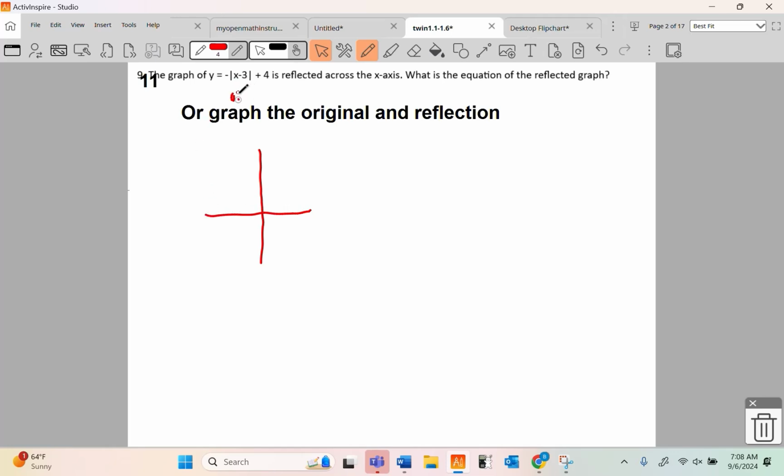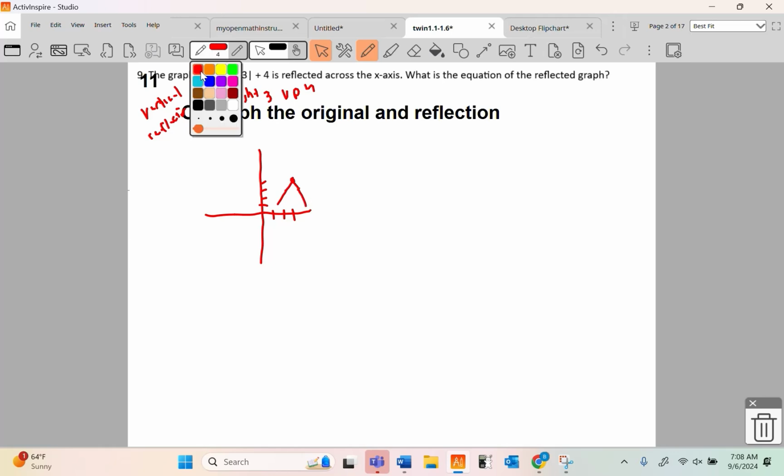I have a right 3, an up 4, and that negative out there is a vertical reflection. So right 3, up 4, there's my vertex, and I'm supposed to fall 1 and run 1. Again, that's the original.